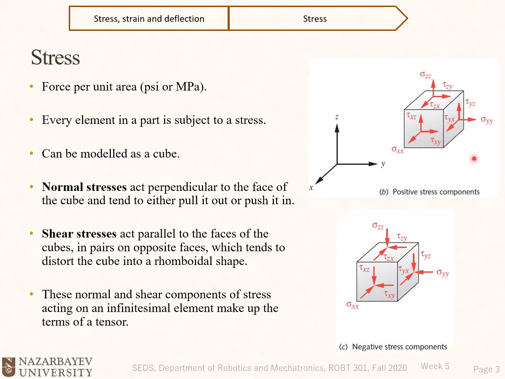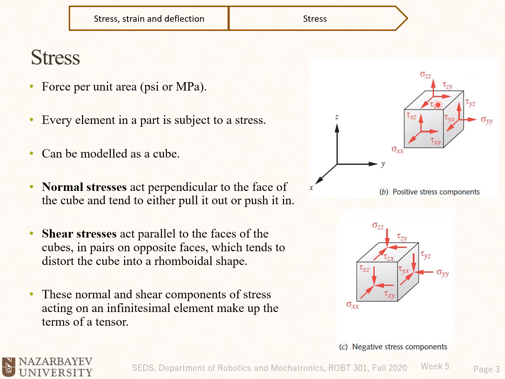And you see that they tend to distort this cube. They want to change the shape of the cube from a perfect cube to a rhomboidal shape. But normal stresses just either expand or contract the cube.